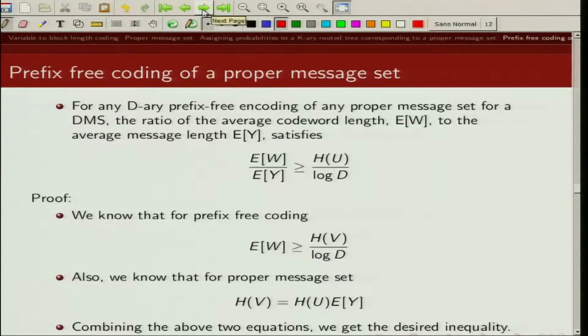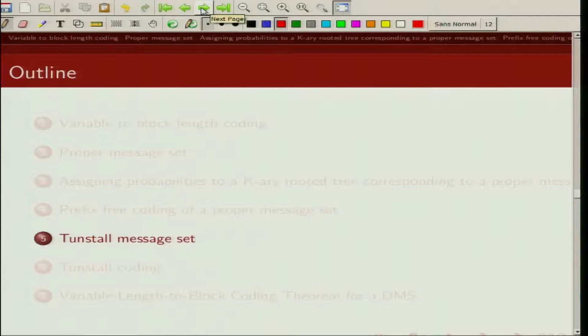Okay. Now let us go back to proper message set and let's talk about how we can design a proper message set that will maximize my expected value of Y. Remember, in variable to block length coding, the goodness of the code is determined by how small this quantity is.